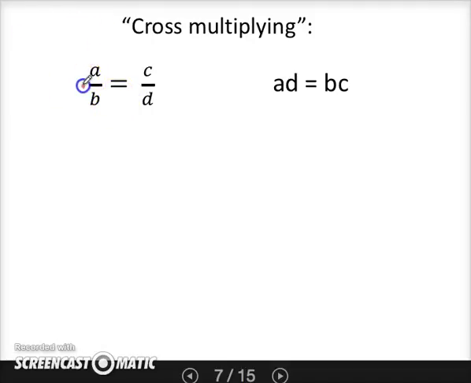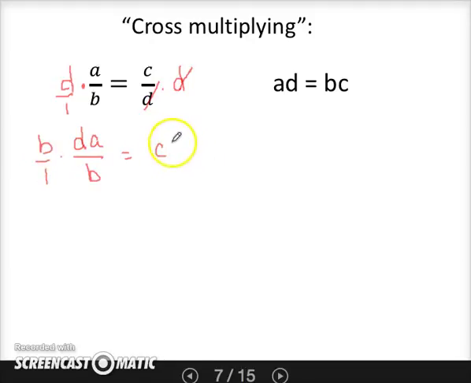So in algebra, as you know, we can multiply both sides of an equation by the same thing. I'm going to multiply both sides by D, and then this D is going to cancel out with that D. So what I have now is, since this is D over 1, I have DA over B equals C. Now I'm going to multiply both sides of this equation by B, which is the same as B over 1.